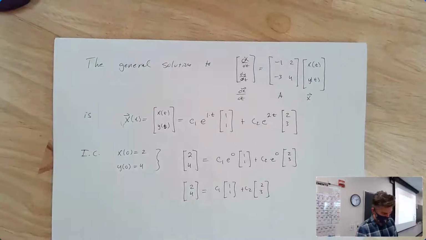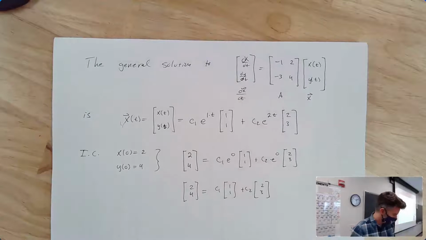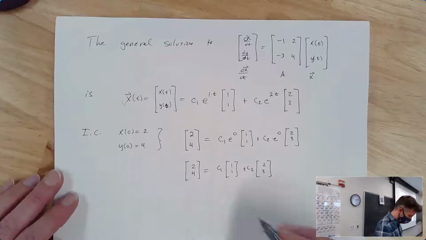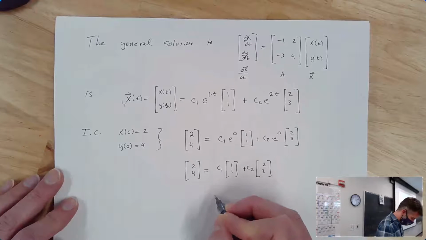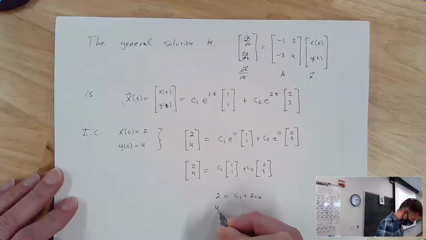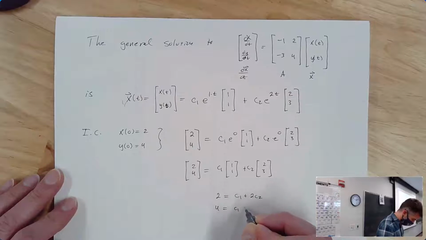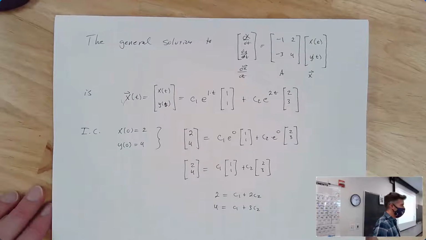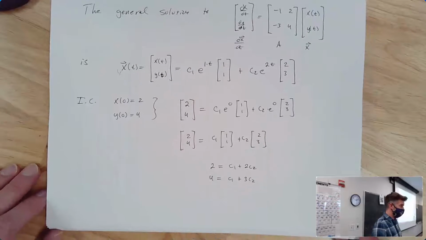There's a number of ways you can solve something like this. It's a system of 2 equations and 2 unknowns. You could say 2 equals C1 plus 2C2, and 4 equals C1 plus 3C2. And then probably the easiest thing to do in this particular situation is just subtract the equations from each other.